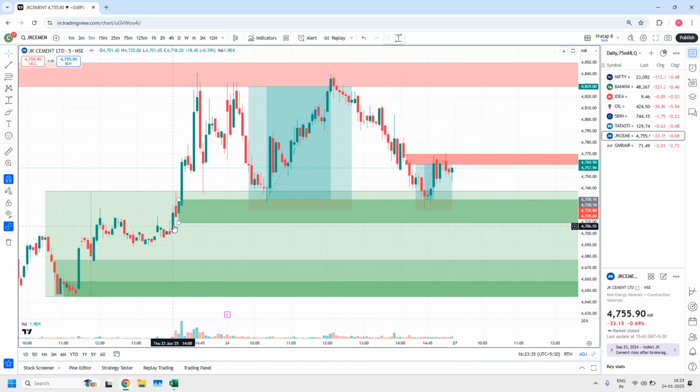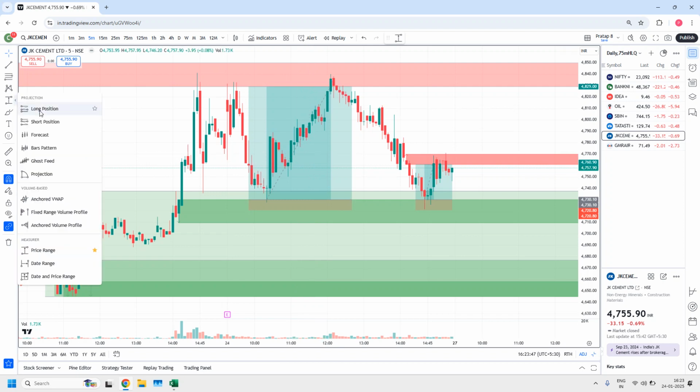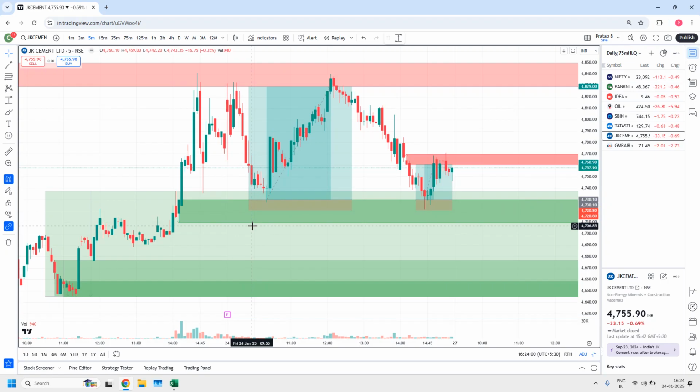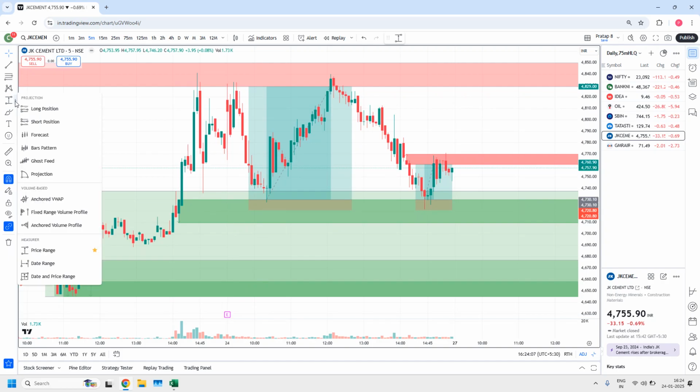Okay, here we have a rally-based rally. But if you look into our risk-reward tool, we have long position and short position tools here, right? Everybody knows how to use these tools. I already explained it in one of the videos in the phase 2 training course. So I have drawn this long position here. In a long position, you should draw something like this, right?